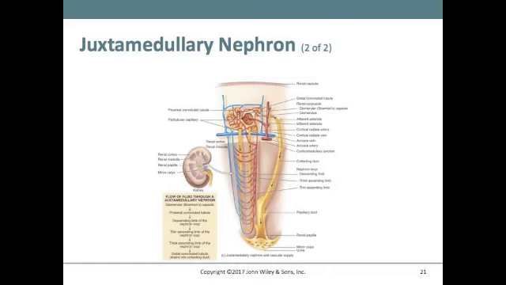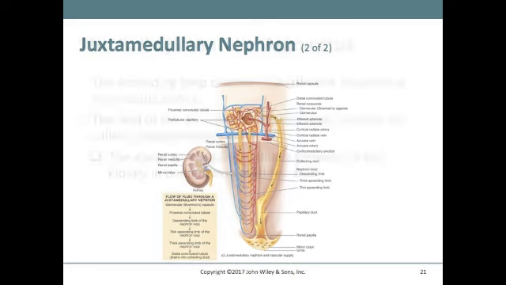And if we look at the tan box, we can see the fluid flow through a juxtamedullary nephron, where similarly to the cortical nephron, it begins with the glomerular capsule, moves into the proximal convoluted tubule, then moves into the descending limb of the nephron loop, then into the ascending limb of the nephron loop, and then into the thick ascending limb of the nephron loop, and then into the distal convoluted tubule, which will drain into a collecting duct.